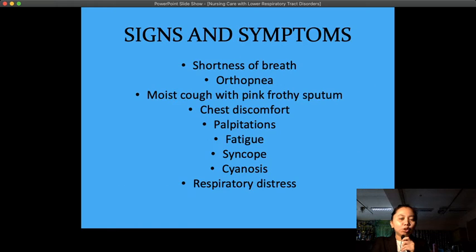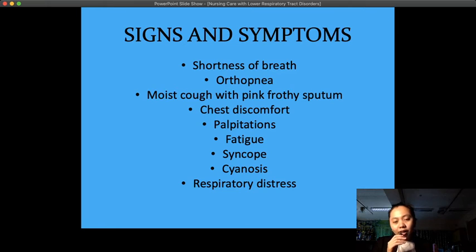Okay, so signs and symptoms: shortness of breath, orthopnea, okay, moist cough with pink frothy sputum. Okay, so when we say orthopnea, okay, from biglang tatayo agad, okay, or biglang uupo agad. Alright? So, nahihirapan sa paghinga because the air, okay, cannot easily travel, alright, and there would be changes in the body.